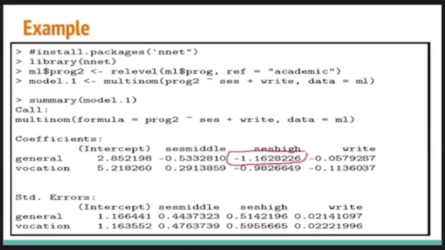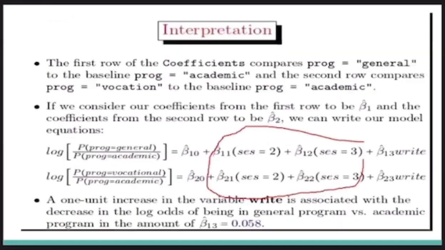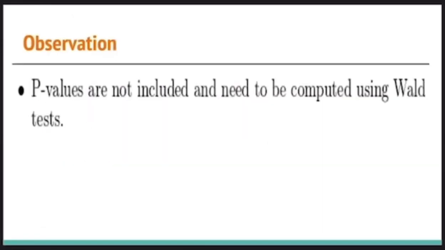The multinomial logistic output does not come with p-values. Do you notice that? It doesn't come with p-values. So if you really want to know how significant, you'll be the one to compute your z. You're still going to do z, which is the estimate divided by the standard error. And we can check for the p-value. And that was what I said here. P-values are not included. We can use the Wald test.